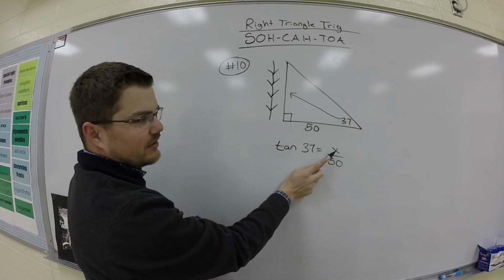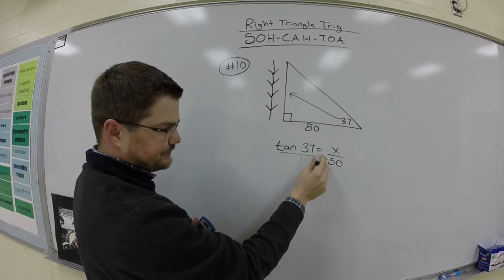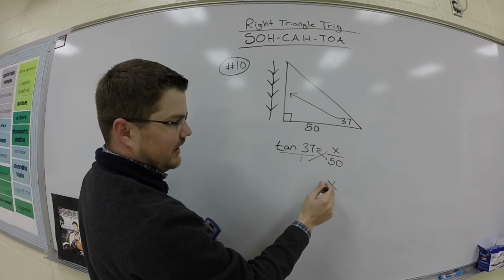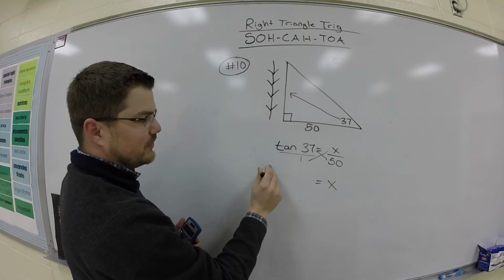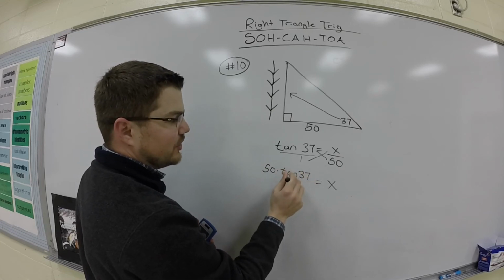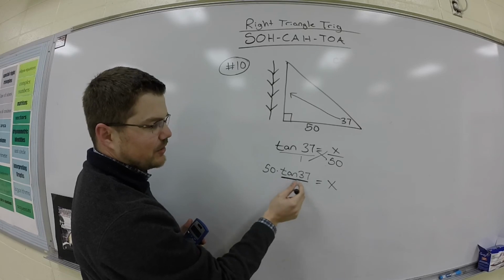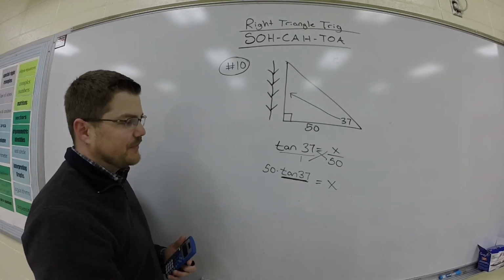And if we were actually solving for it, we would solve this proportion, cross multiply. So we'd get x equals 50 times tangent 37. And if you'll notice, the problem gives you the value of tangent 37.